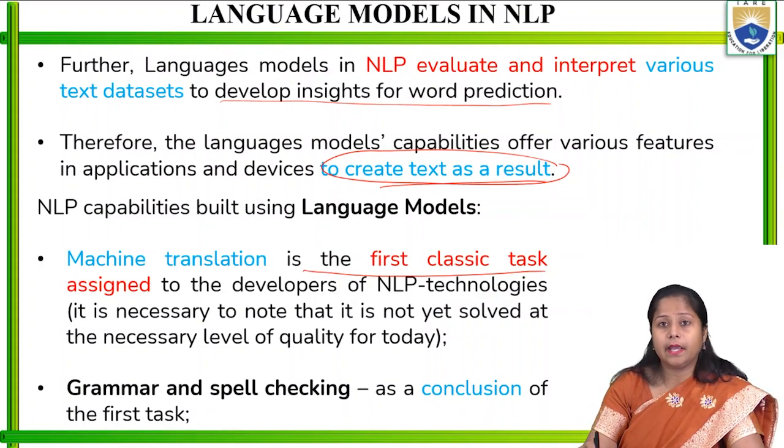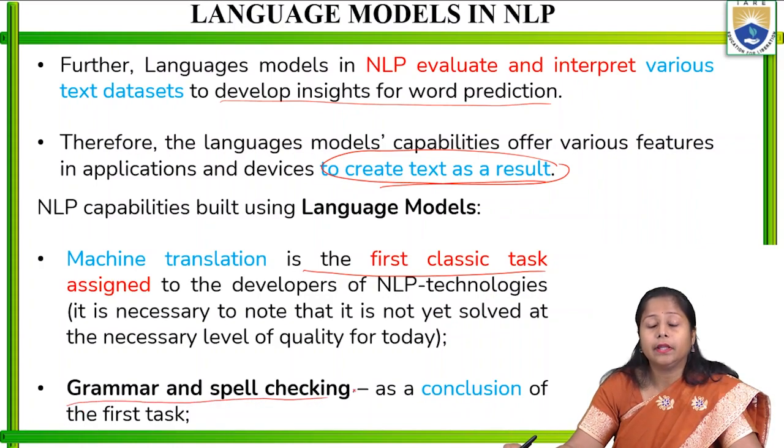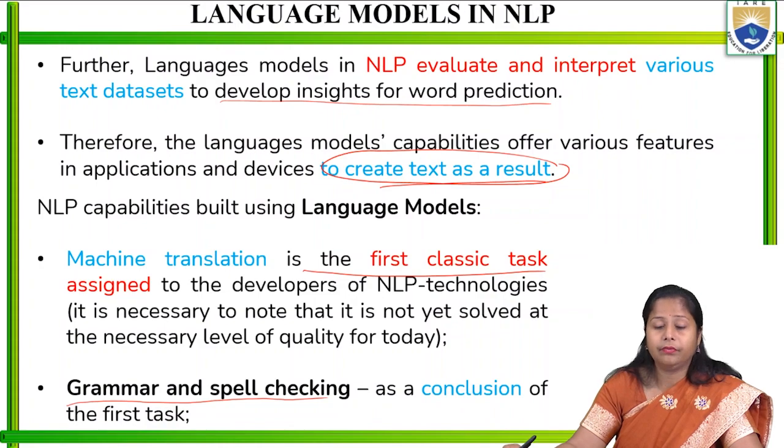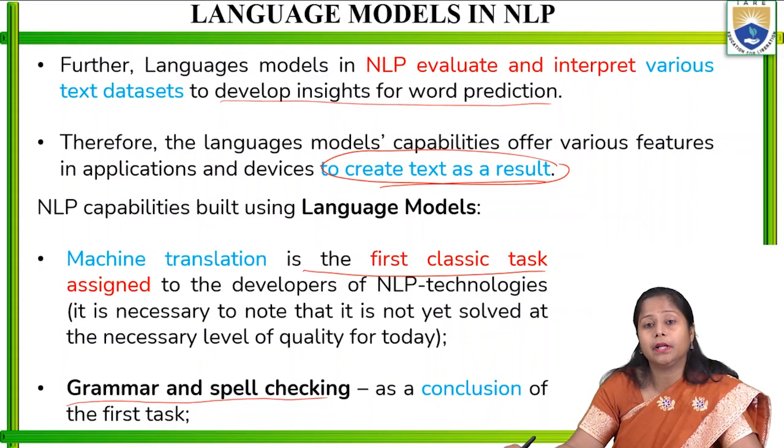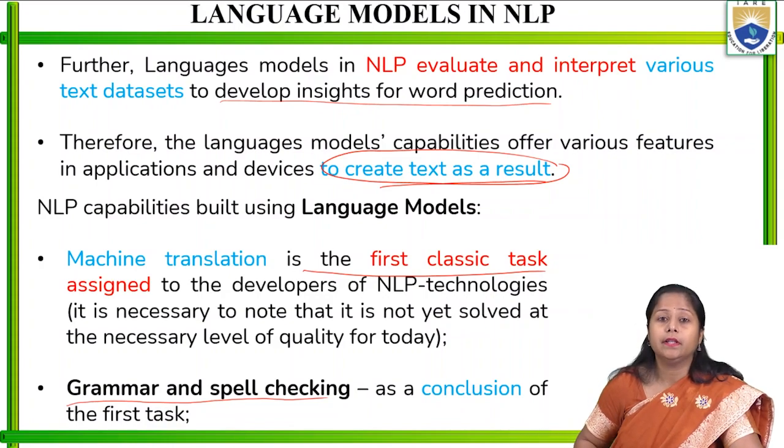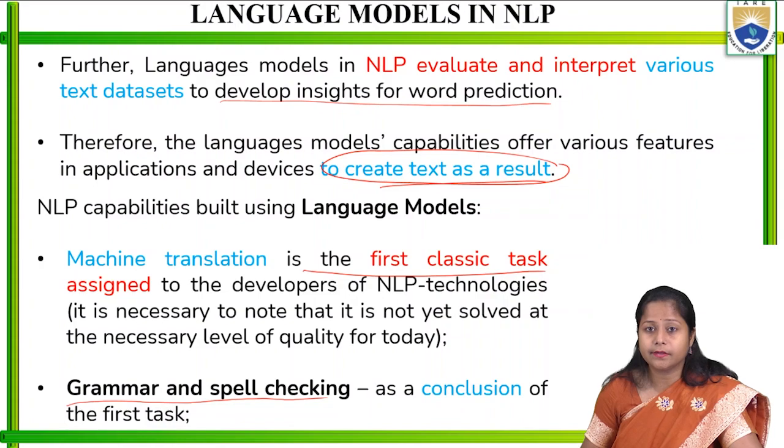The second capability is grammar and spelling check. It is a continuation of the first task. While we are doing machine translation, we interpret grammatical mistakes and spelling errors, and those are corrected in the next task.